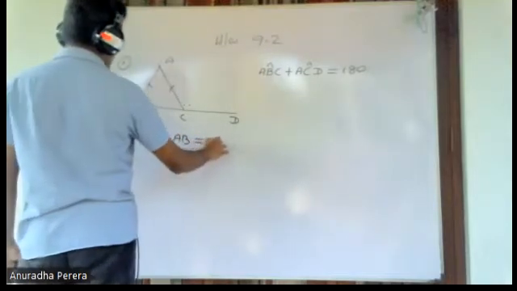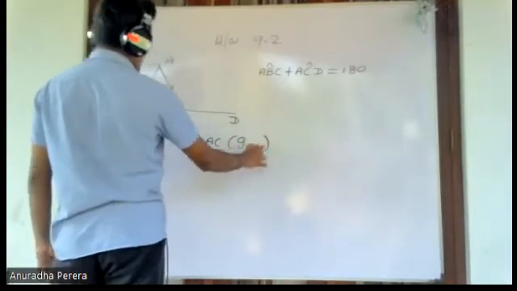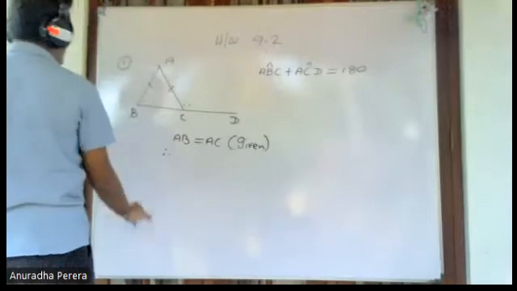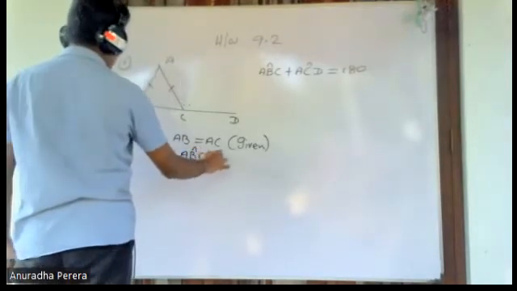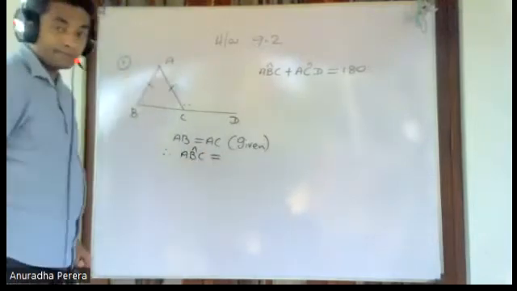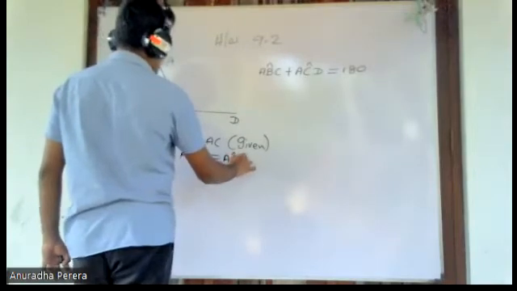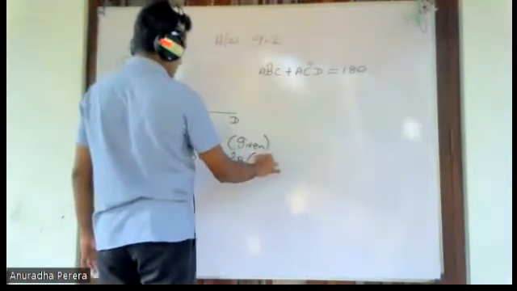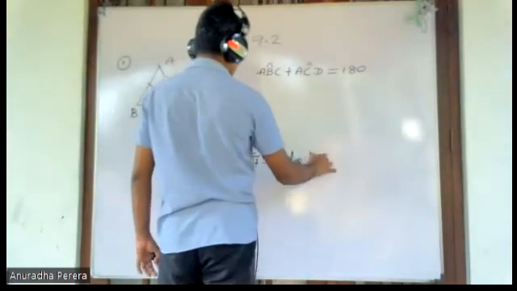It is given. Therefore, ABC equals ACB. Reason: Isosceles Triangles Theorem.